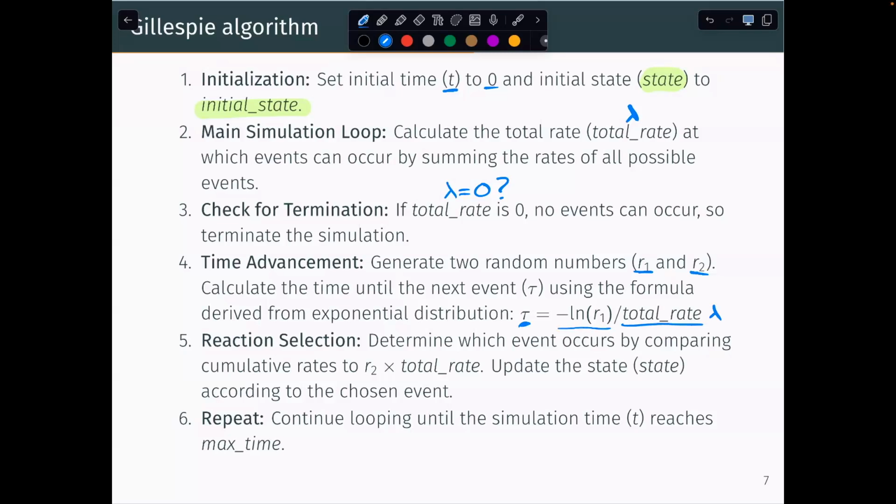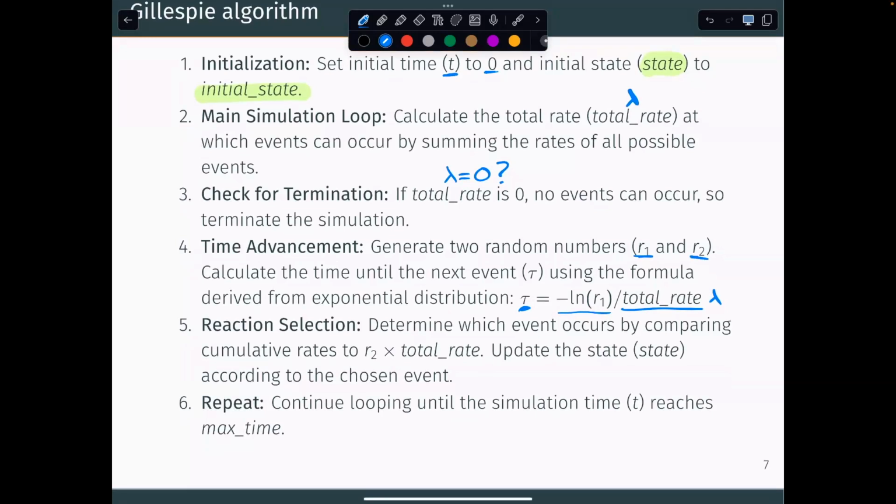You can see here, if lambda is very high, then this tau is going to go low. So the time to the next event should decrease on average as you increase the rates in the system. So the faster things are happening, the more likely it is that an event is going to occur in a shorter time frame.